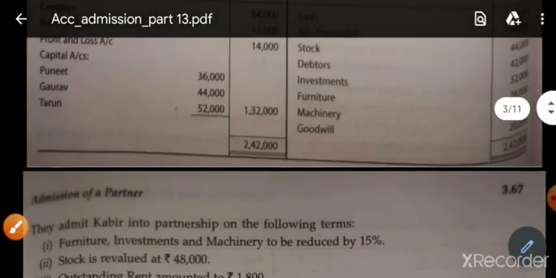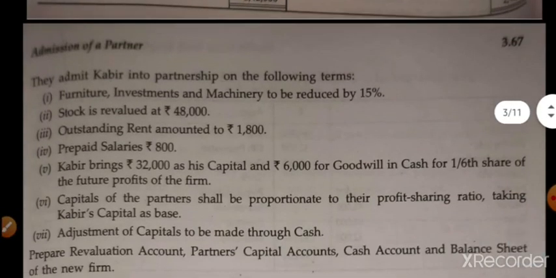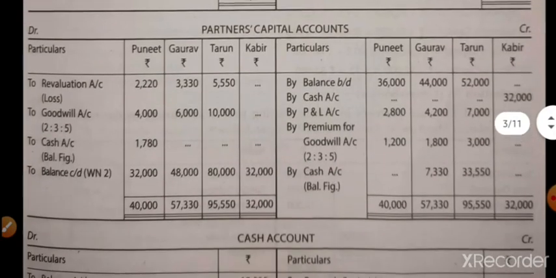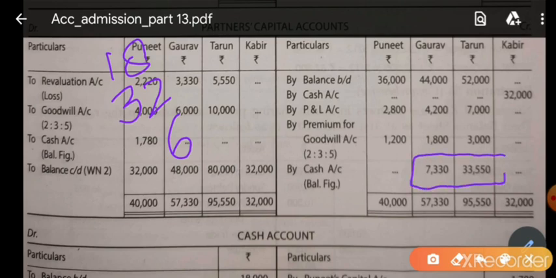So in the balance sheet 18 was already there, plus the new partner has brought 38. So we will add it like this: 18 was already given, the new partner has brought 32 as capital, 6 as goodwill. So we are adding the amounts that the new partner has brought, plus two partners have contributed some capital again, so this also we will add.